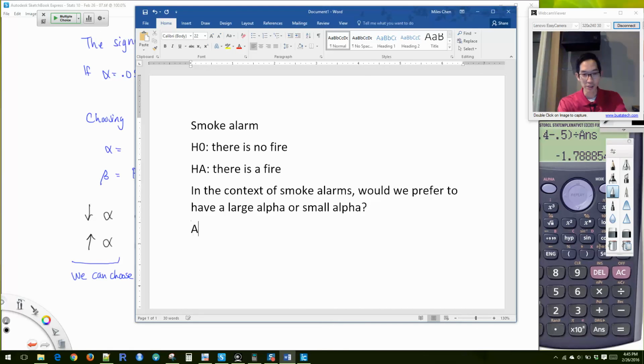Your choices will be: A, big alpha better, B, small alpha better.